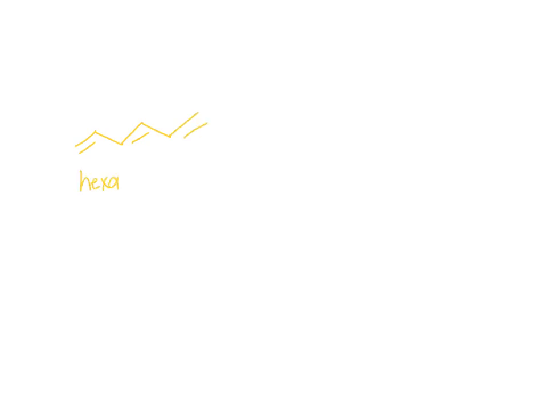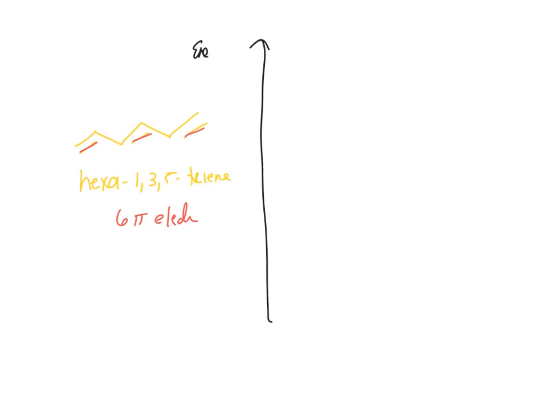Now, if you get something like hexa-1,3,5-triene, how many pi electrons do you have? 1, 2, 3, 4, 5, 6 pi electrons. And you do its molecular orbital. So this is your energy.